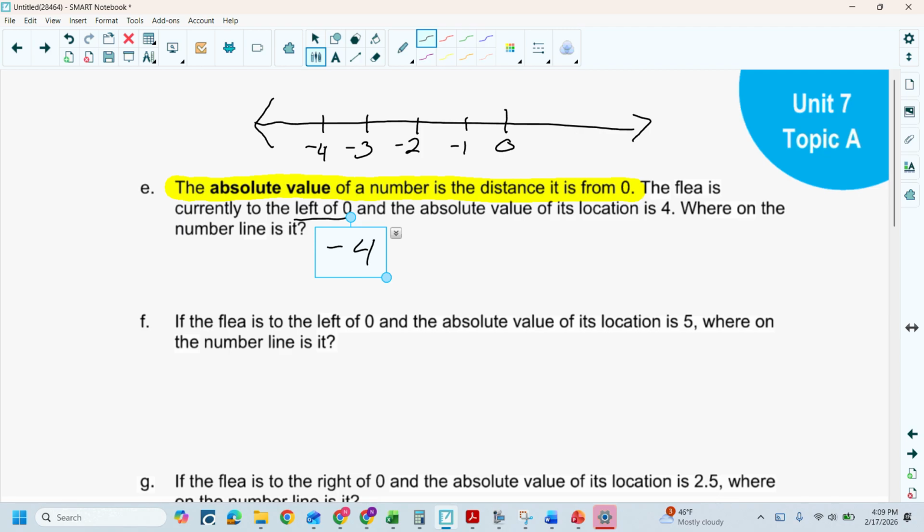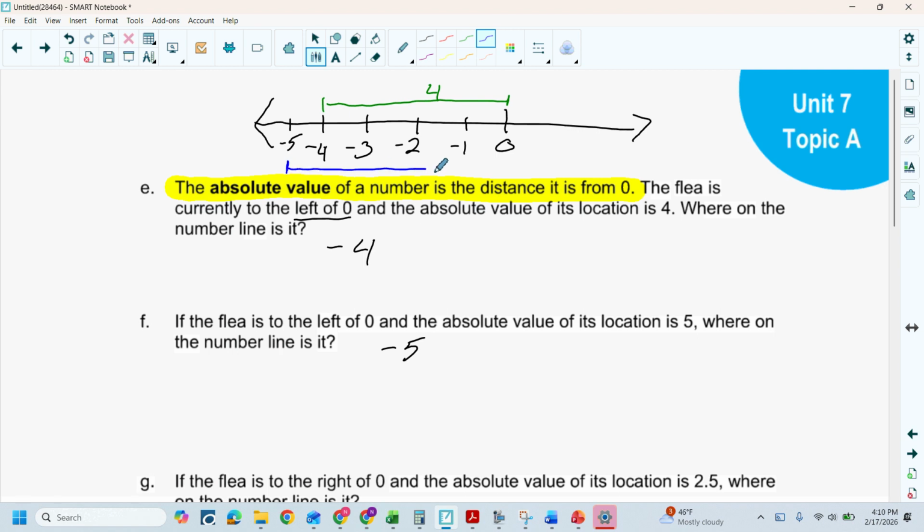Now, if the flea is to the left of 0 and the absolute value of its location is 5, well, then it's at -5. Because from here to here is 4.